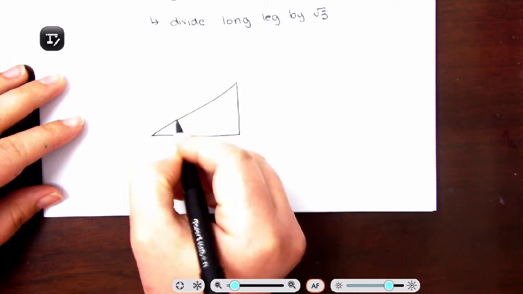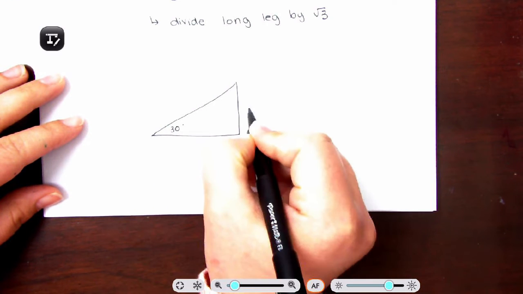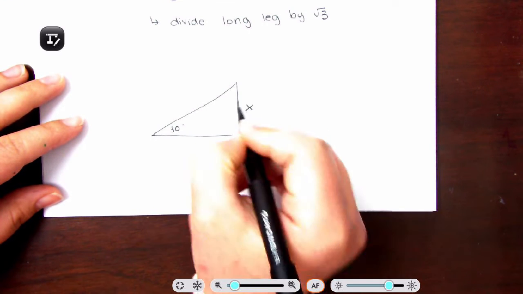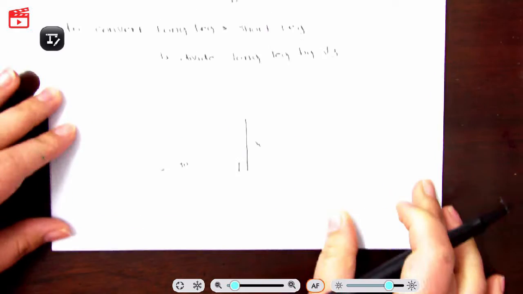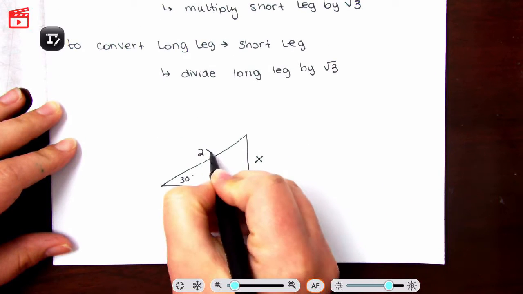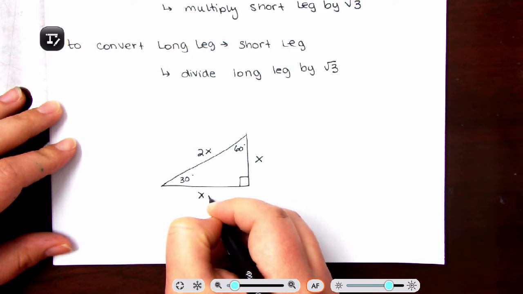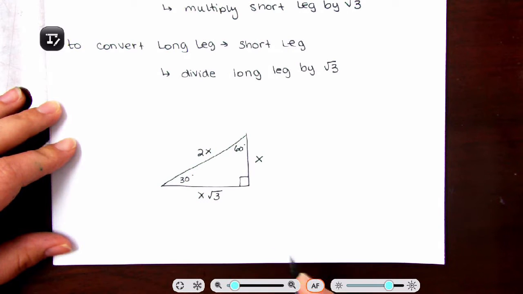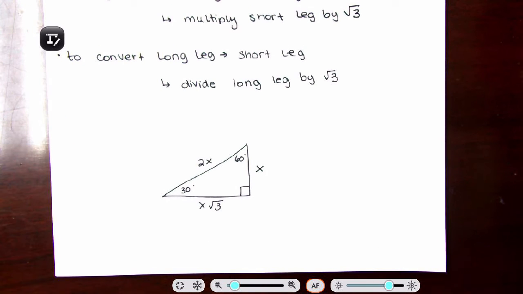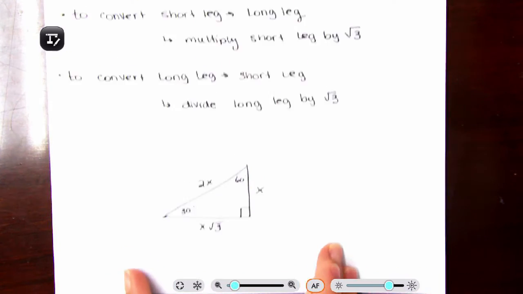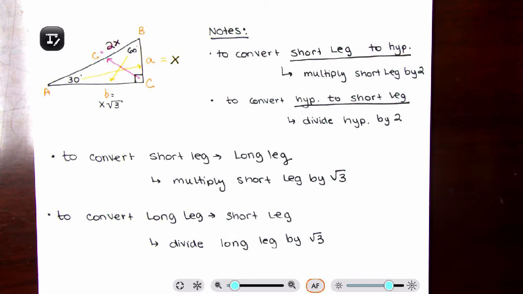Again, smallest angle, smallest side, largest angle, largest side, middle angle, middle side. You need to have memorized that x is across the street from 30, x times square root of 3 is across the street from 60, and 2x is across the street from your 90-degree angle. Let's shift this back up and talk about the writing that I did.